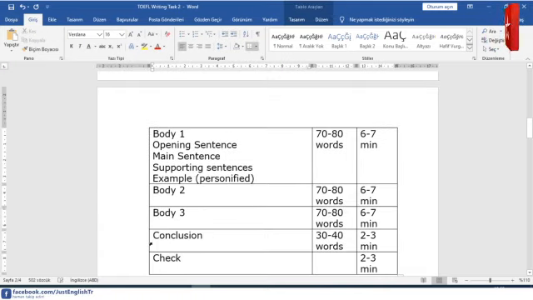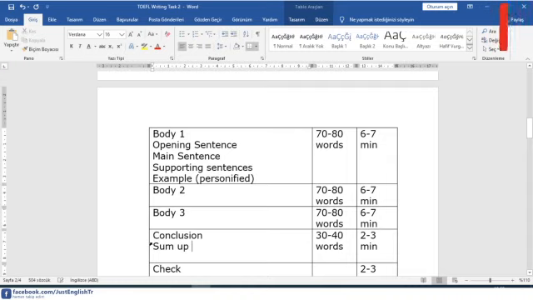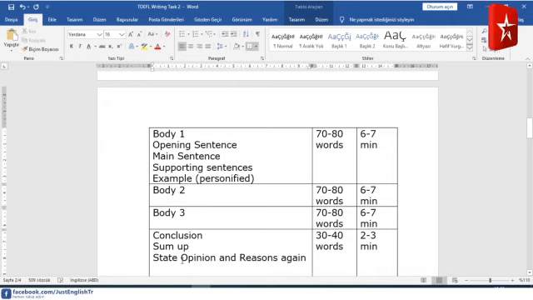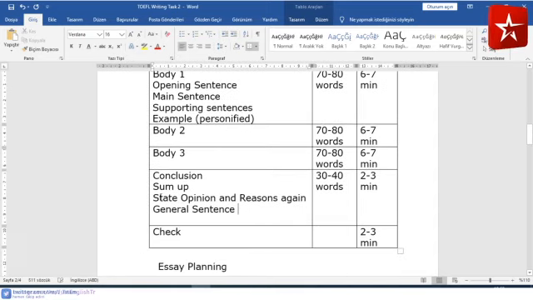In conclusion, we need to sum up your ideas, state opinion and reasons again, and again, my advice, but you don't have to do it, is to write again a general info sentence. So you're almost copying your introduction paragraph, but with different words.